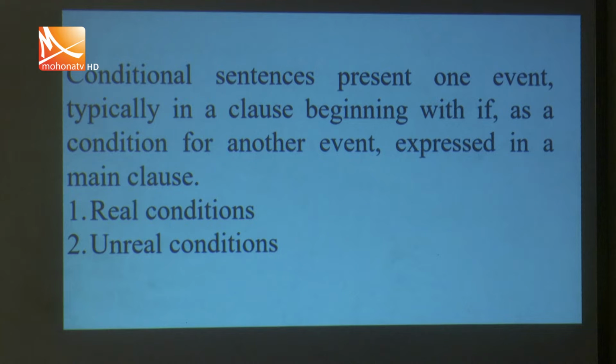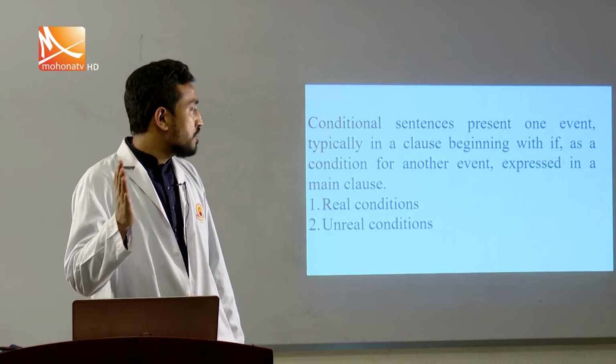Okay, so if we want to categorize, there are mainly two types of condition. One is real condition, another one is unreal condition. From these words we can get a little understanding of what they mean. Real condition means the situation has a lot of probability, or it is a true situation, it will happen or it happens naturally or as usual.